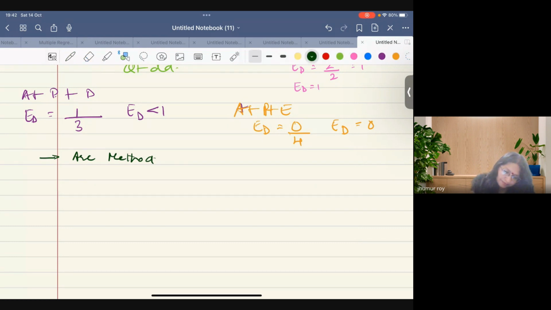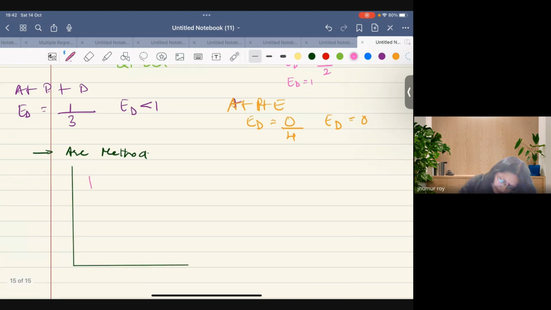Suppose demand is a curve, not a straight line, and you take 2 points on the curve, A and B. Here you have price and here you have quantity demanded. If you go from A to B or B to A, your elasticity should remain the same. So how do we calculate it?